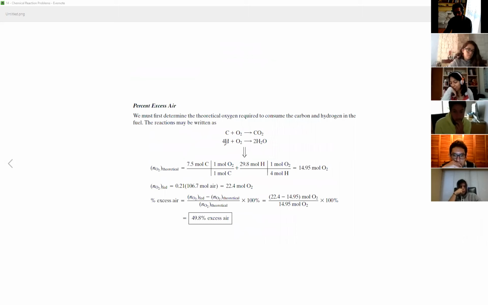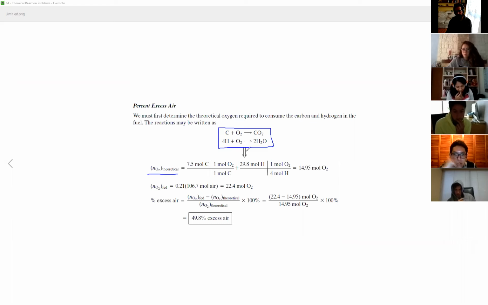We can do it with the complete combustion reactions that we have for each element, in this case for carbon and hydrogen. So the complete combustion of carbon is 1 mole of carbon reacts with 1 mole of oxygen to form CO2. And for the water, 4 moles of hydrogen react with 1 mole of molecular oxygen to form 2 moles of water, right? So the theoretical amount of oxygen that we need for that particular reaction is the addition of both reactions, right?